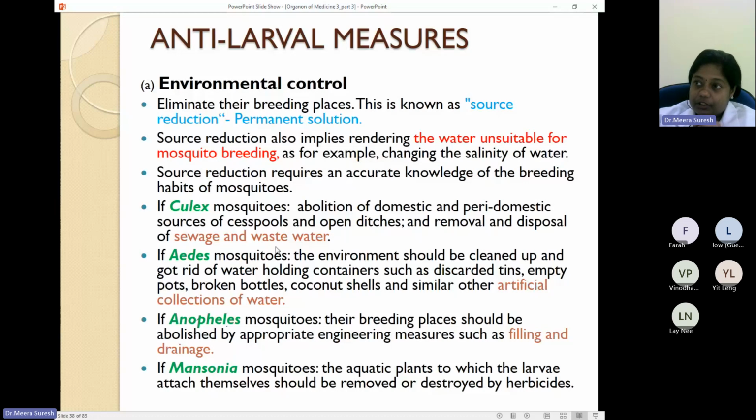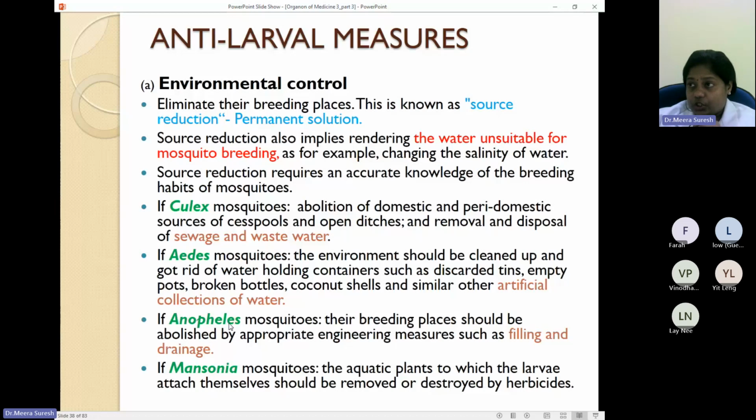So if we have to control Aedes for dengue fever and yellow fever, those have to be removed. We should make sure there are no empty pots, that they are always kept dry so that water is not available, or just discard them properly.